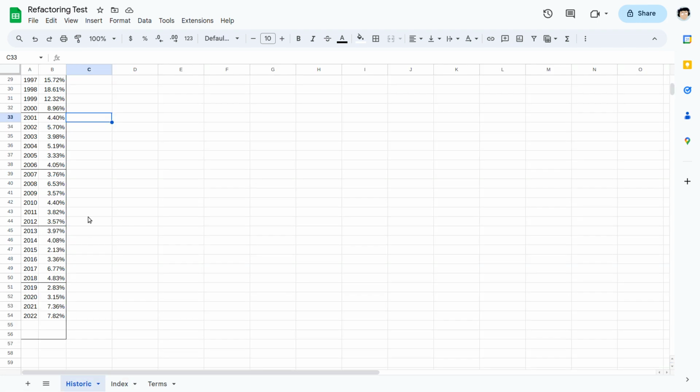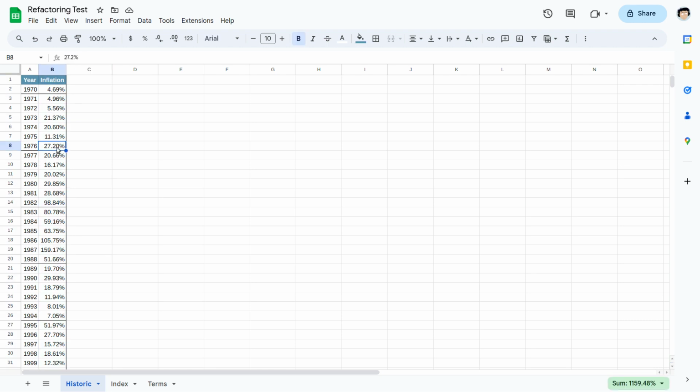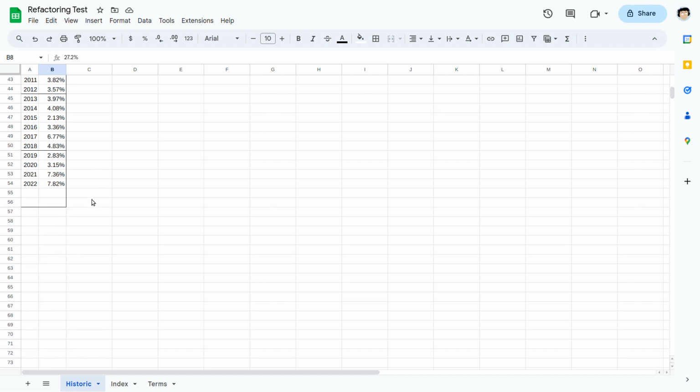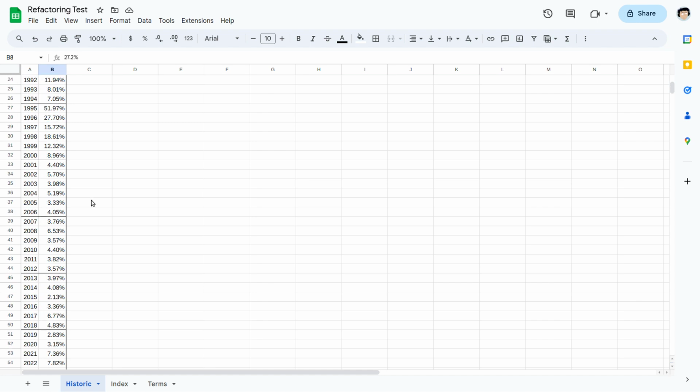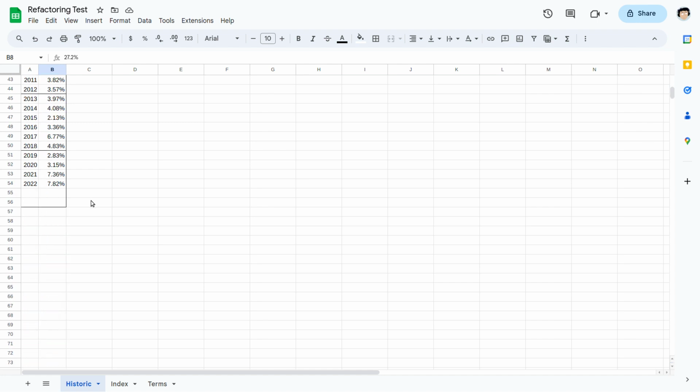Maybe there's another, but I found historic inflation by percentage up to 1970. Now I know how to convert one to the other, but essentially it's the same data, just in a different way.